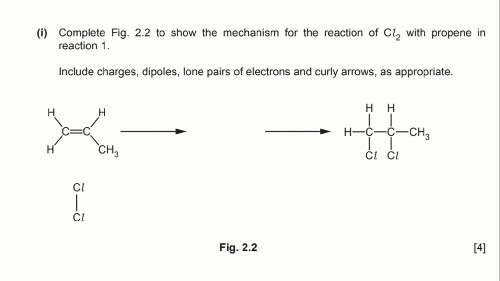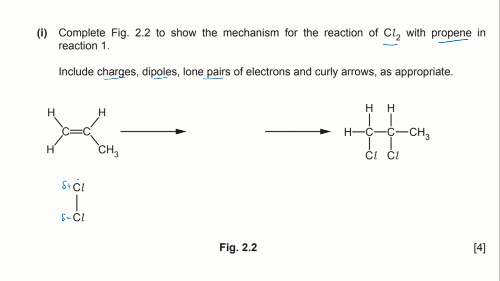Now, part 1, we will complete this mechanism for reaction between chlorine and propene, which is an addition reaction, electrophilic addition. Now, in this mechanism, we have to include charges, dipoles, lone pair of electrons, and curly arrows as appropriate. So let's draw the dipole, partial positive, partial negative.